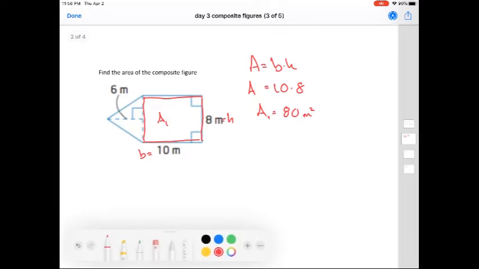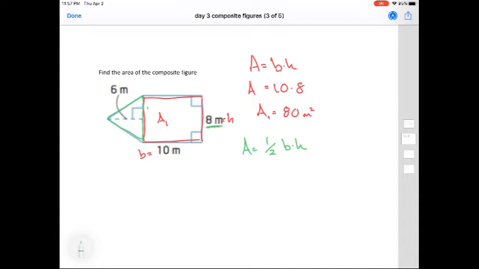Now we're going to find the area of the triangle, which is up here. Remember, the formula for the area of a triangle is 1/2 base times height, or we can also write it as base times height divided by 2. We're not actually given the base, but if you notice, down this other shape, it's a rectangle. Because this side, the height of the rectangle, is 8, that means the base of our triangle is also 8.